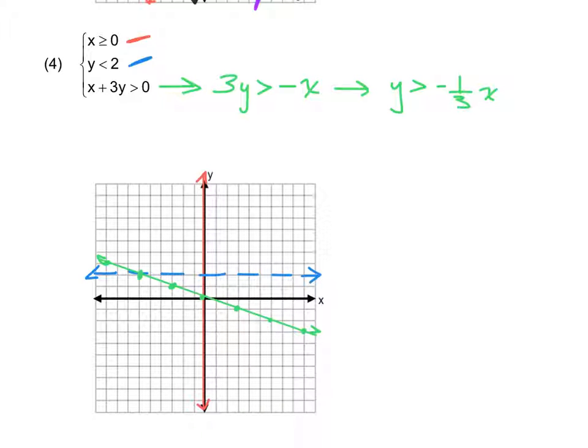Okay, so now my shading. Below, above. Right below, below, above, and what is that? Where does that put me graphically?